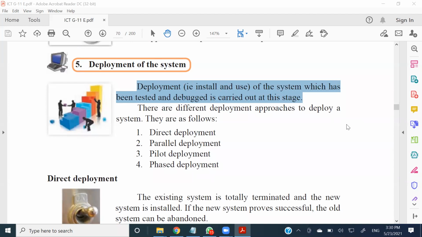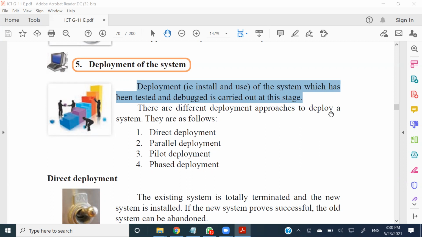Right? And ඊළඟට security අඩු වෙන්නේ pace එකේ. Security හොඳටම තියෙන්නේ parallel එකේ. Right? So security wise ගත්තොත් parallel deployment තමයි most secured method. And then the pace, then the pilot, and very last the direct. Right? Security aspect again.